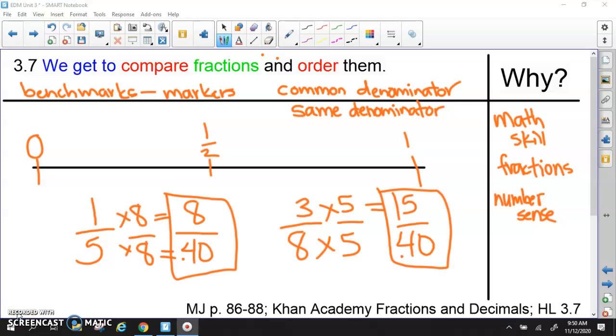We'll talk about it. So now I've got 8/40ths and 15/40ths. Which one's greater? This one or this one? How is 8 greater than 15? Right? 15 is greater.